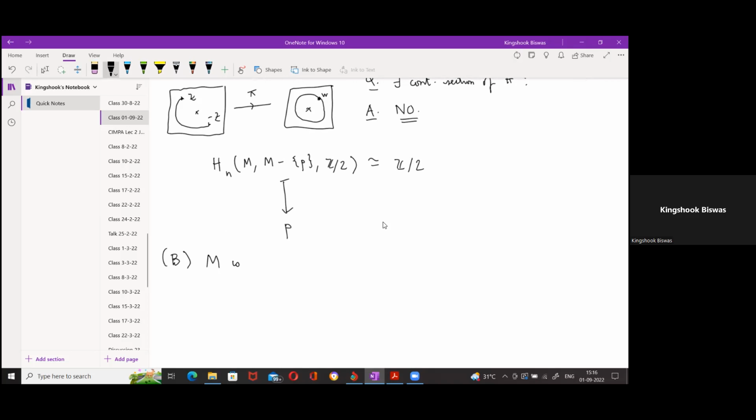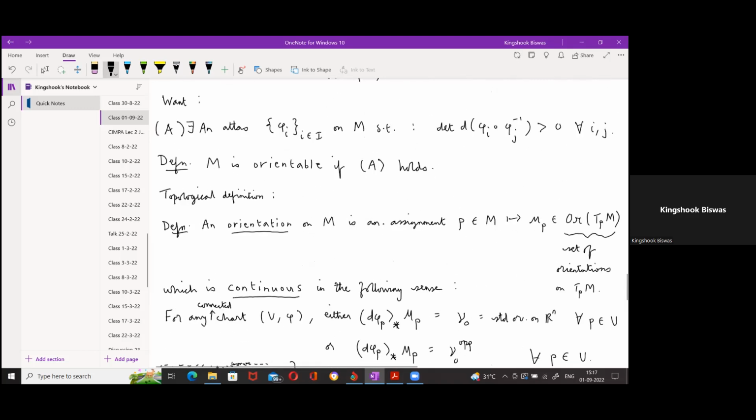B is: there exists an orientation on M. And then it's not hard to show that A is equivalent to B.